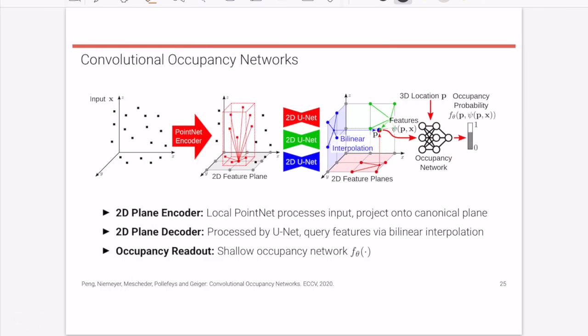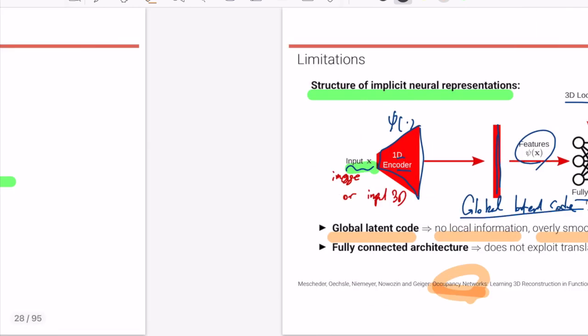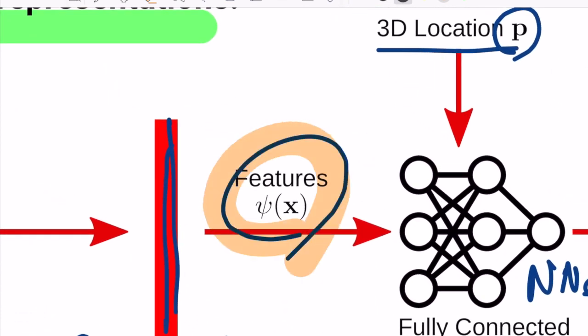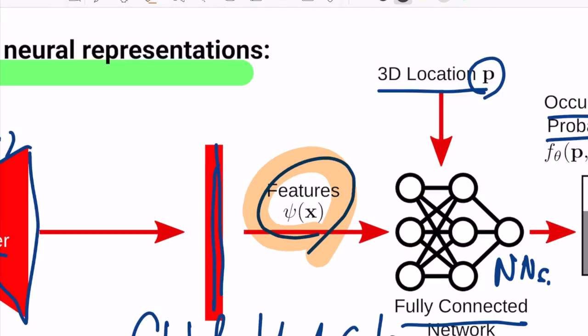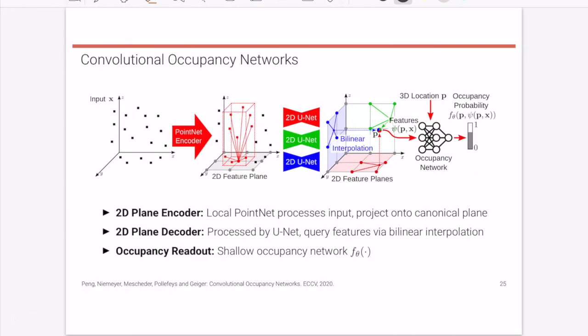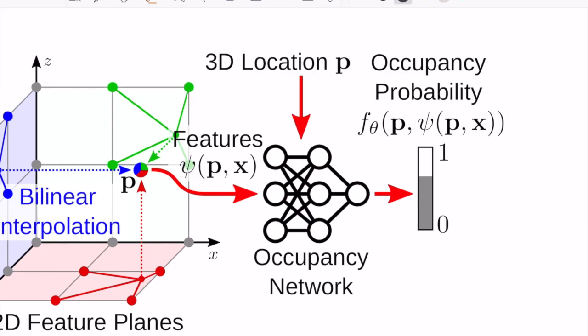Alright, so how can we overcome such a limitation? So let's go back to here. If this function just contains globally varying information, a direct way to overcome such a limitation is to augment such a feature vector to contain locally varying information.